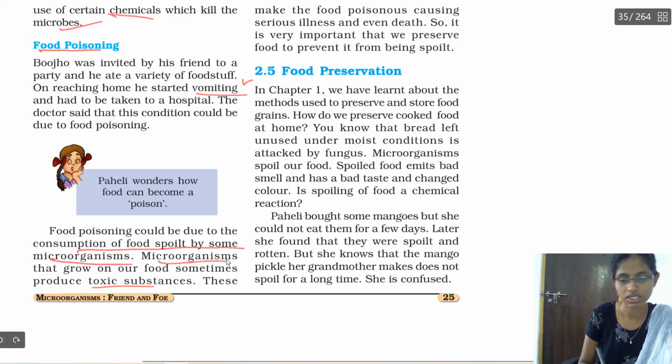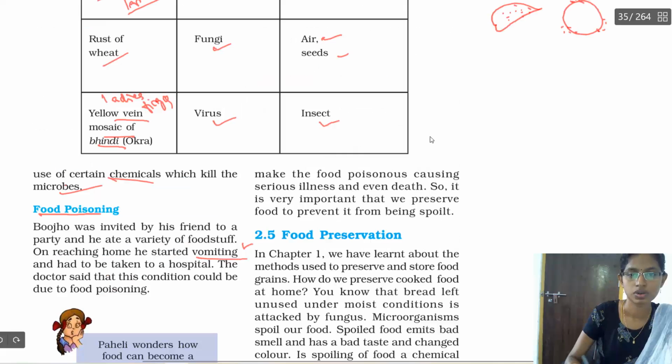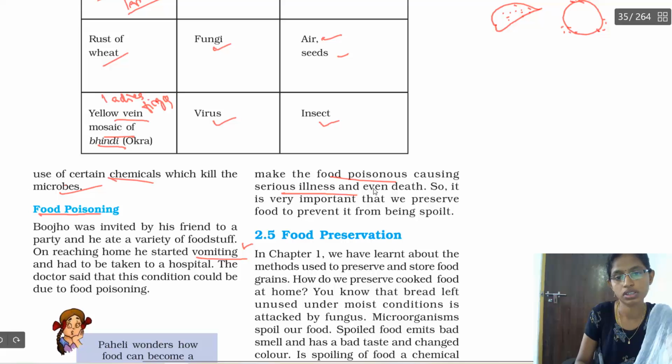Toxic is nothing but poisonous substances, okay? So the microorganisms act upon the food and that food becomes poisonous, and when this food is eaten by a person, the person gets some illness or it also causes death.